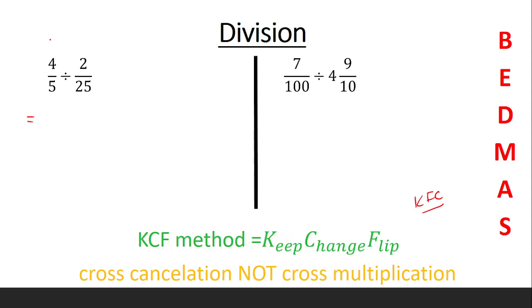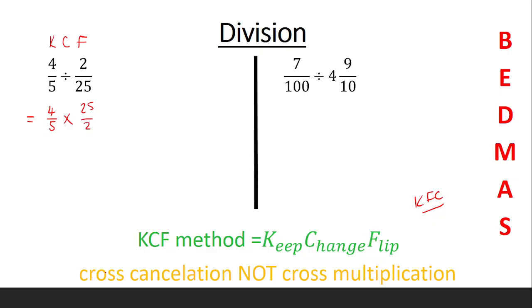So that means we keep the first one, change this to a multiplication, and flip the back number.